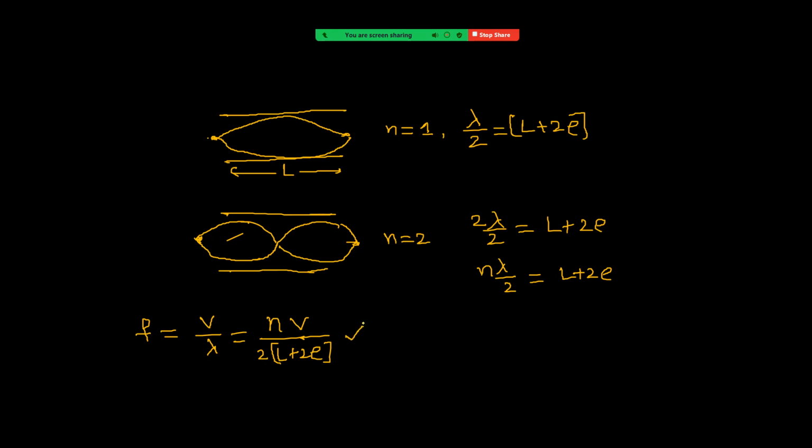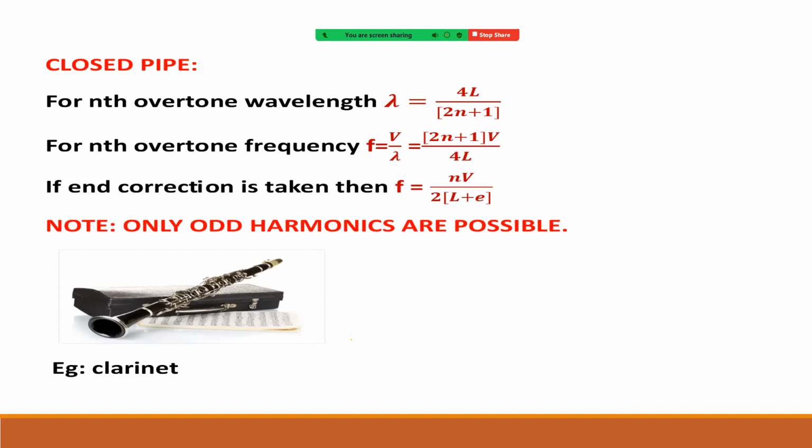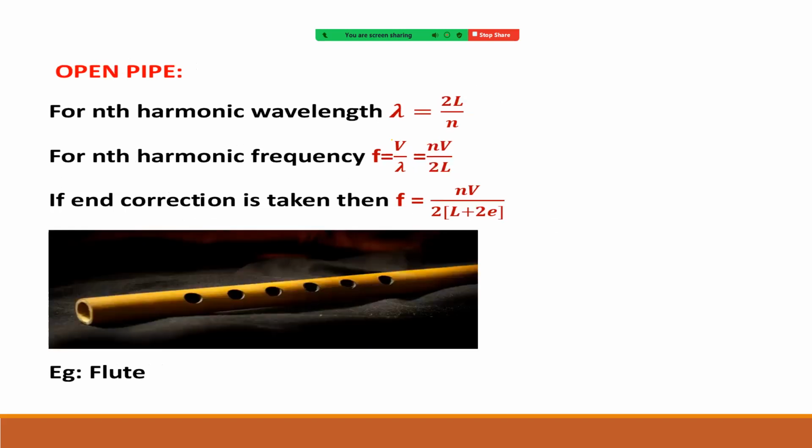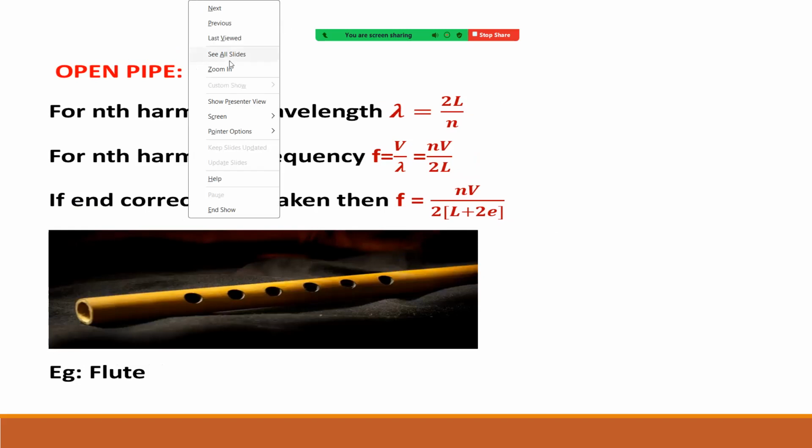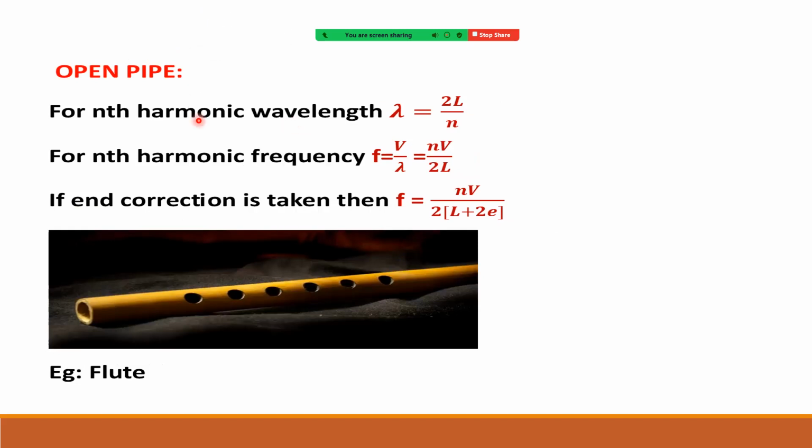And the example for this is the flute. The example is the flute, an open pipe. So for the nth harmonic, the wavelength is 2L by n, right? This is when end correction is not taken.